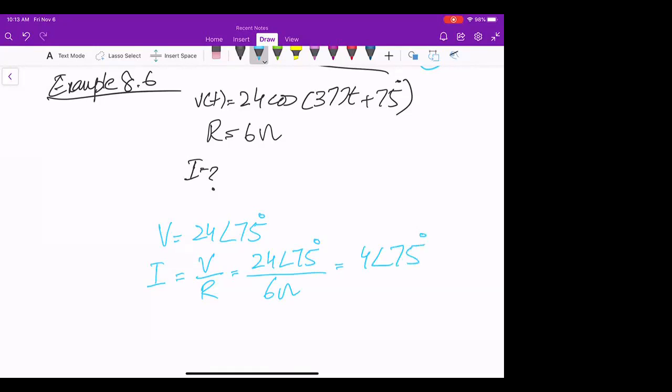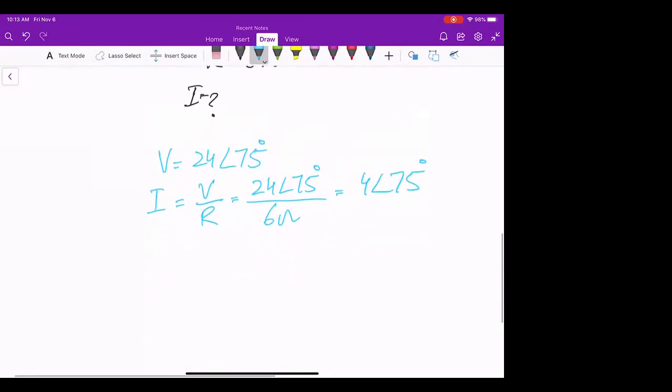So in that way, if we plot its phasor diagram, we know the voltage makes a 75-degree angle with the real axis. So this is 75 degrees for the voltage, and the voltage magnitude is 24. Now the current is also making the 75-degree angle. So the current is also at this angle, but its magnitude is of course lesser, which makes it 4.